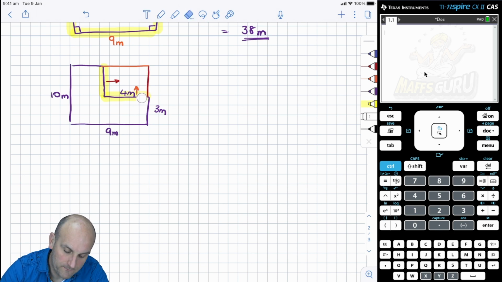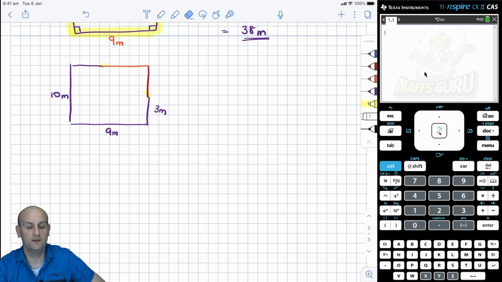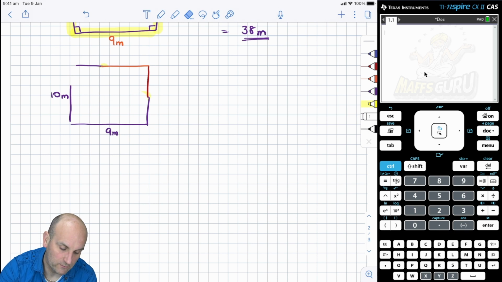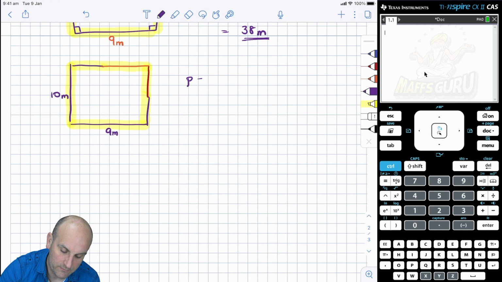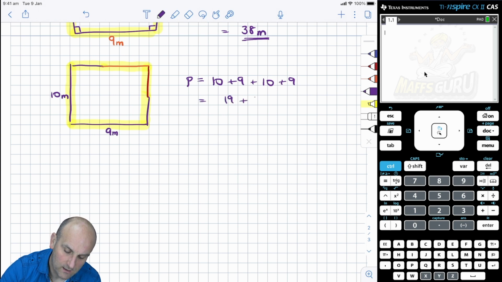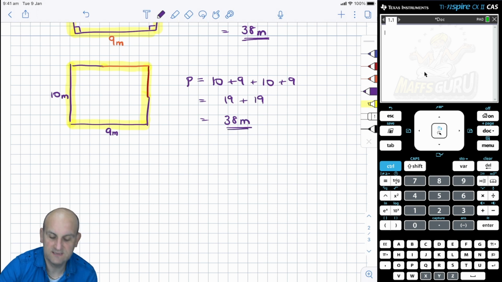If I've moved them and I get rid of this altogether, then lo and behold, I don't need that 3 there anymore, I've suddenly got a rectangle. That length there is 10, that length there is 10, that length there is 9, that length there is 9. And so my perimeter is 10 plus 9 plus 10 plus 9, which is 19 plus 19, which equals 38 meters, and there's my answer.